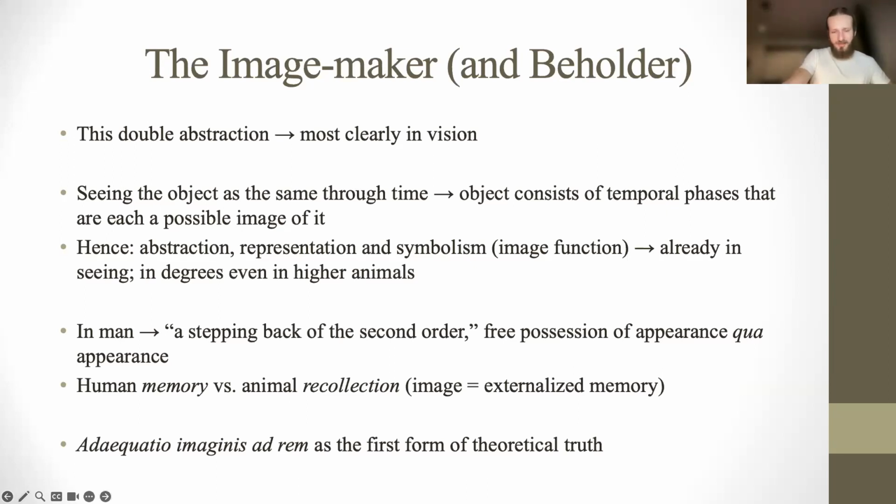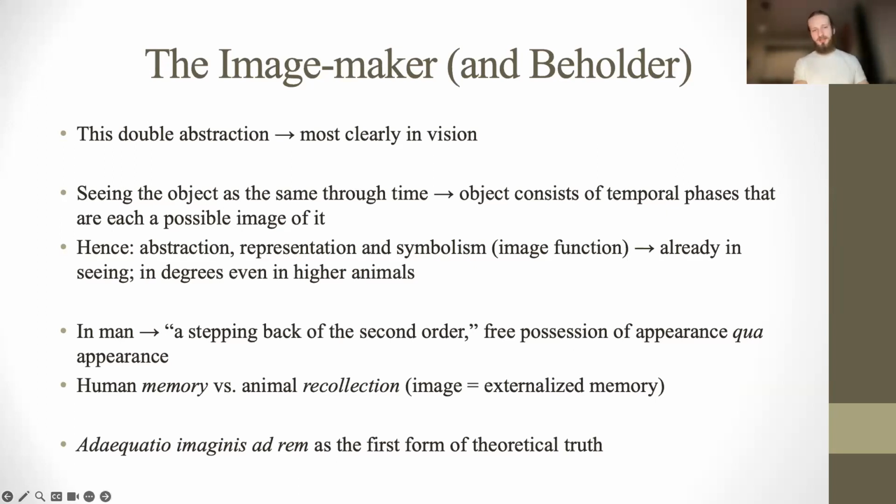So leaving that aside for a moment, the image is thus a form of externalized memory, precisely insofar as it relies on the eidos, on the appearance as such, and on likeness as such. And then Jonas connects this with the notion of truth, with the experience of theoretical truth. Here, he says that the relationship between the image and the thing that is depicted is the root, as it were, of theoretical truth.